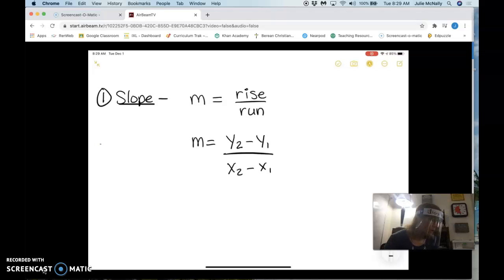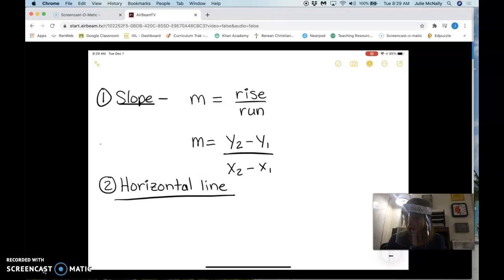So let's see. I think I'm going to do the rest of the notes first. If you have a horizontal line, remember horizontal is going sideways, left to right, you're going to have an equation that is y equals something. So it'll be y equals 6 or y equals negative 3.